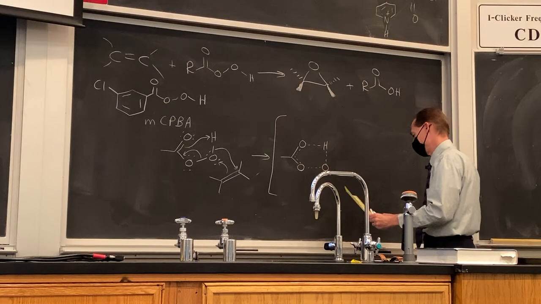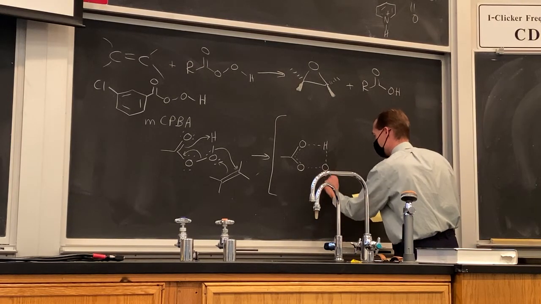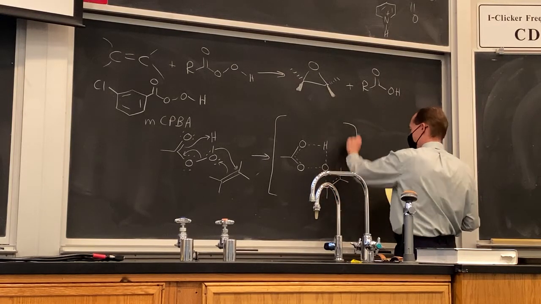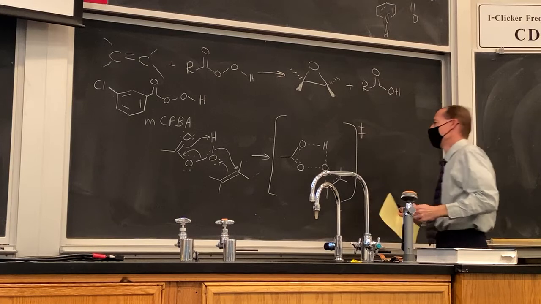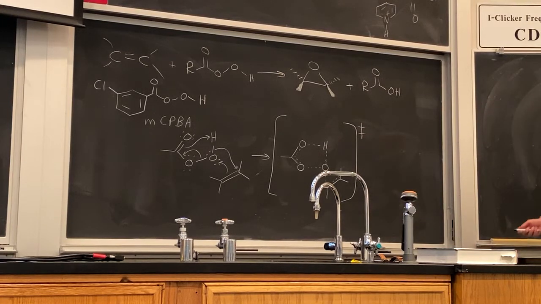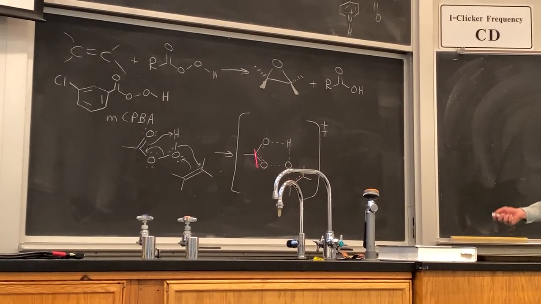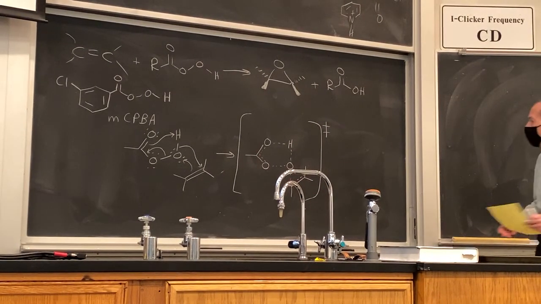Didn't do a great job of drawing that, but okay. So here's what our transition state looks like. Those 4 pairs of electrons that are moving result in 4 bonds that are being broken, 4 bonds that are being formed at the transition state. So we have 8 partial bonds here.